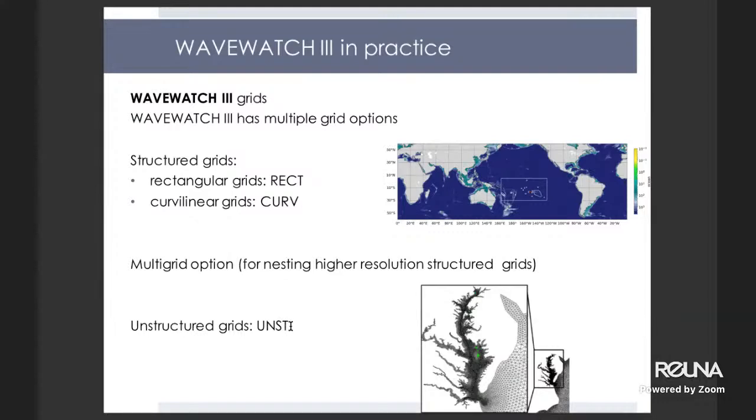You have to remember, there was a question yesterday about coupling: we can couple theoretically with both grids, but at the moment, in the distributed version of Wavewatch, coupling with unstructured grids is not set up. But I know people that made it work, so it can work, but at the moment it's not set up in the distributed version.